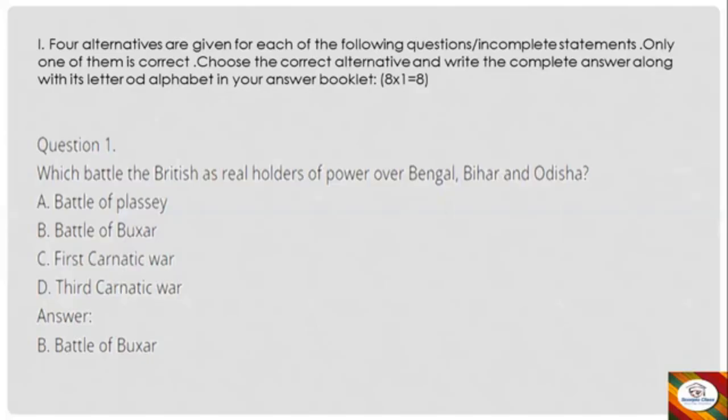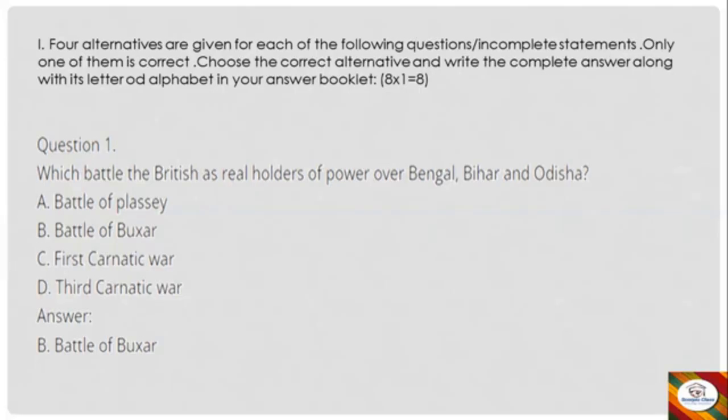Okay. So question number 1. Which battle made the British the real holders of power over Bengal, Bihar, and Orissa? Is it option A, Battle of Plassey, B, Battle of Buxar, C, First Carnatic War, D, Third Carnatic War?